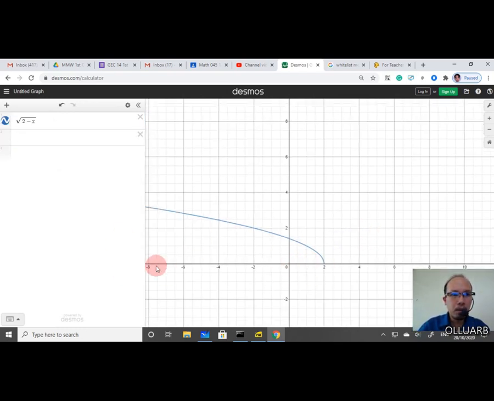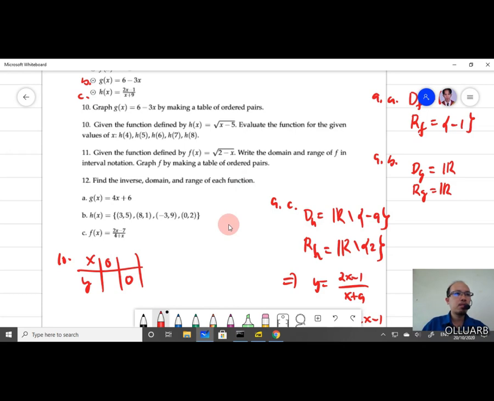The domain is from -infinity up to 2, while the range is from 0 to +infinity. So based on the graph, the domain of the function f is from -infinity to 2, while the range is from 0 to +infinity. Okay, based on the graph.